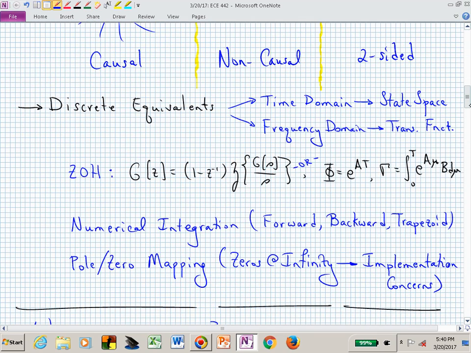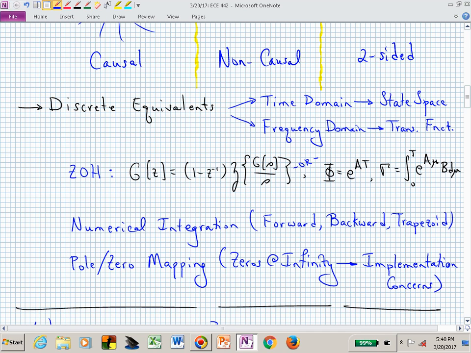We've also gone through discrete equivalents, both in the time domain and the frequency domain, where we had state space and transfer functions. If we were doing the zero-order hold equivalent, then we have this pre-multiplication by 1 minus z to the minus 1 and the z transform of G(s) over s.